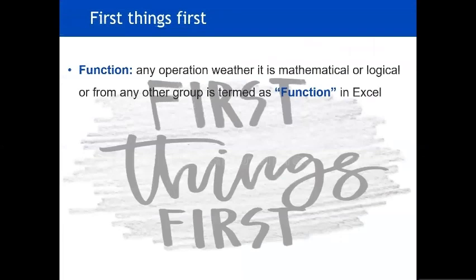Any operation, whether it is mathematical or logical or from any other group in Excel, is termed a function in Excel. So going forward, instead of using the term operation, we will be using the term function.